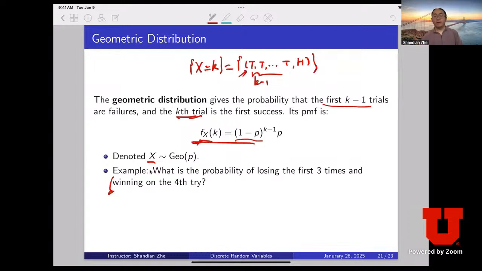Yes, exactly. You lose for the first 3 times, meaning that in the first 3 times all you see is tails, and until the fourth time you see the head. So the probability will simply be (1 minus p) to the power of 3. And in the fourth trial, you see the head, you succeed, the probability is p.